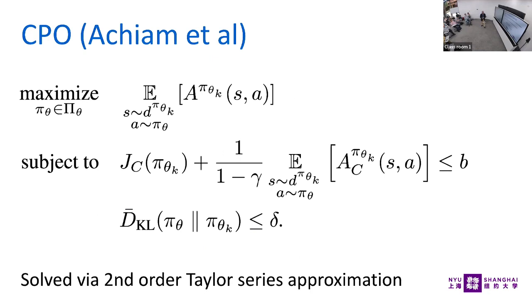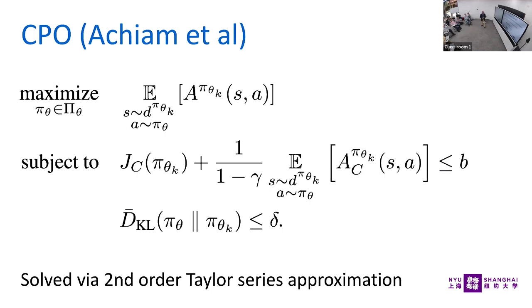So there's a group of researchers coming out of OpenAI, actually, and they did some fundamental research on this constraint problem, and they argue that the constraint problem can be approximated by this problem here.